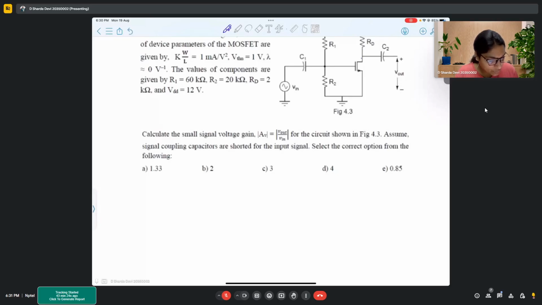VTH is 1 volt. And again lambda is 0 volt inverse. R1 is given as 60 kilo ohms. This is 60K. This is 20K. And RD is given as 2K. VDD is 12 volts.